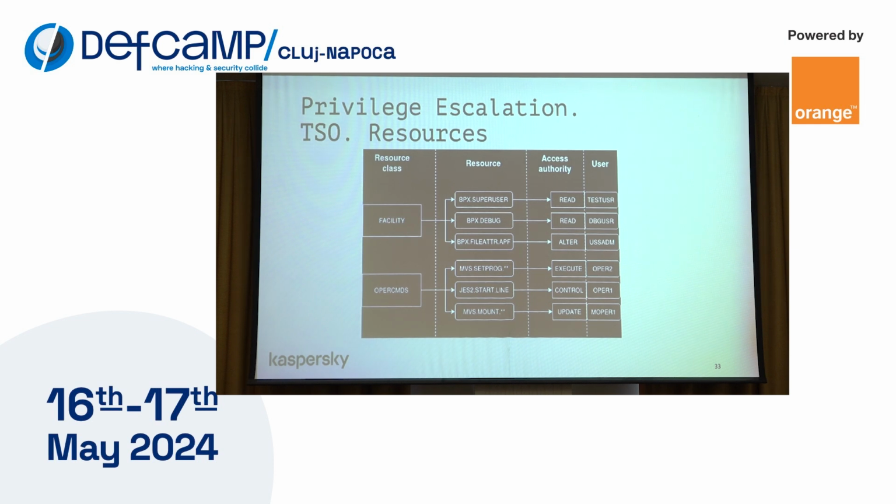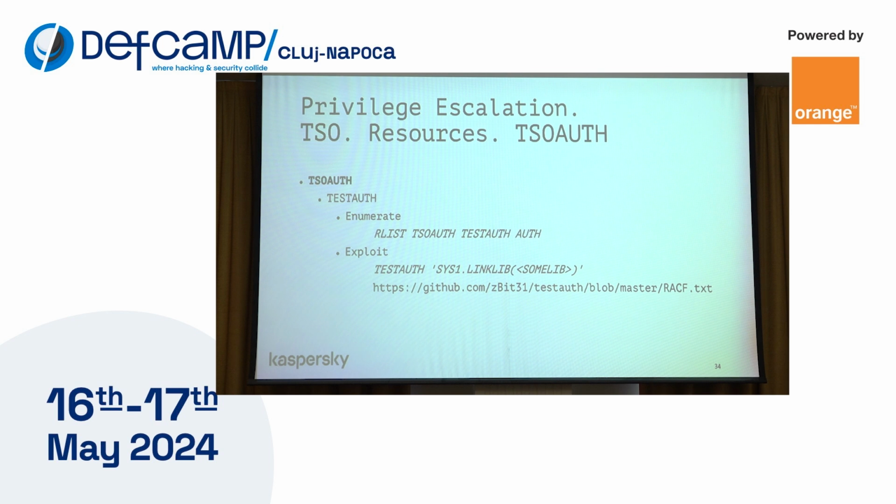And how you may abuse it. Here is an example of enumerating and abusing the TSOAUTH resource class and the resource TESTAUTH. If you have read access authority to this resource, you may execute our data set as APF, only by running it.